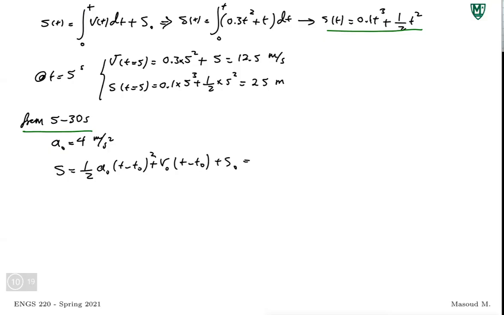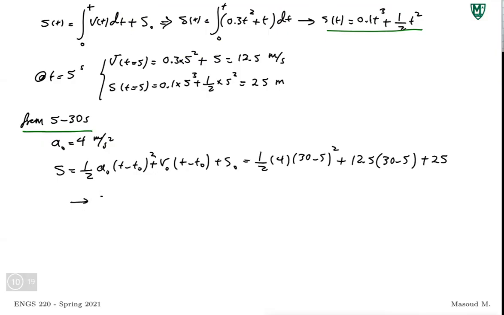That becomes 1 over 2 times 4 times (30 minus 5) squared, plus v naught, which we got as 12.5 from the previous part, times (30 minus 5), this is just the time change, and s naught, which we got from before, plus 25.